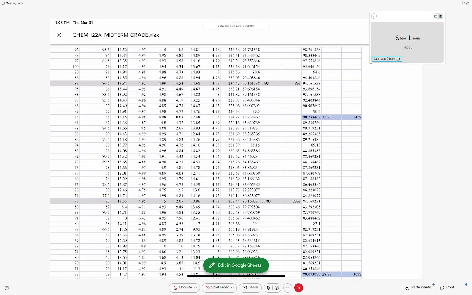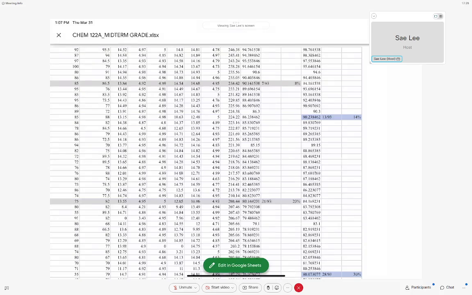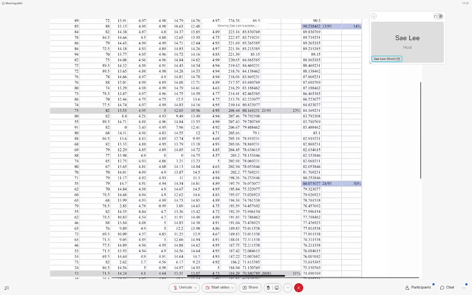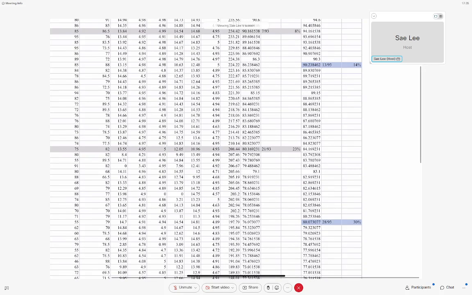And I've hidden the names, and here's how the percentage looks. As you can see, before the curve, 8% of students were getting A. Now 14% are getting A. Before the curve, 23% of students were getting B. They're in the B range. Within B, the B plus, regular B, or B minus, you might want to take a look at the syllabus.